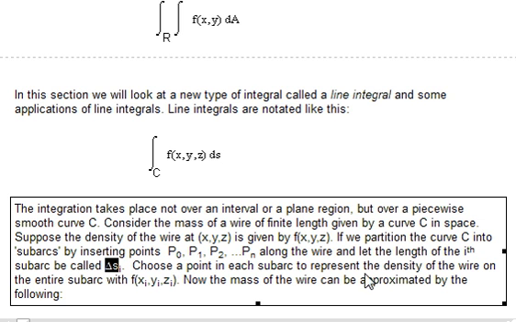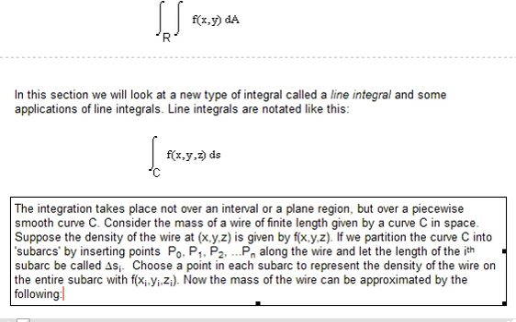And we choose a point in each subarc to represent the density of the wire on the entire subarc, with the density being f of x_i, y_i, z_i, the point that we choose in the ith arc.